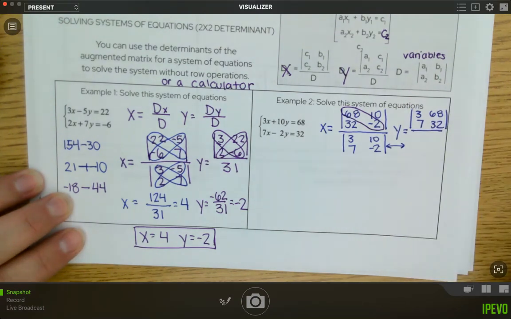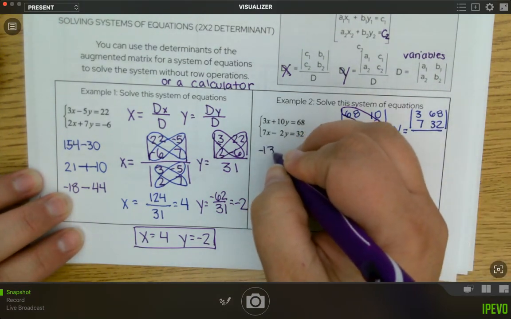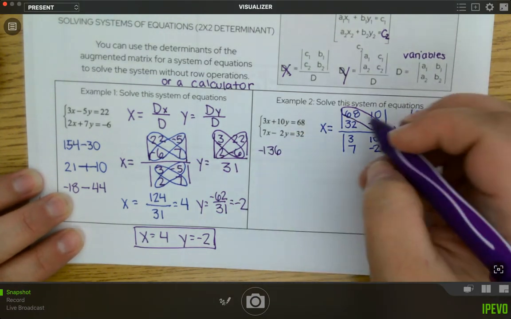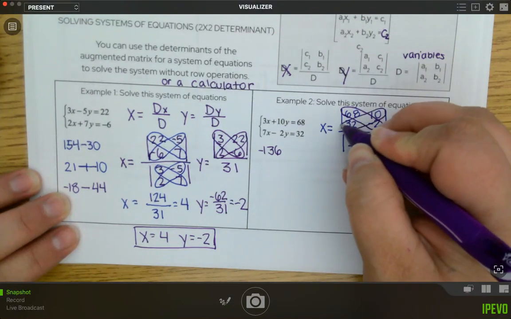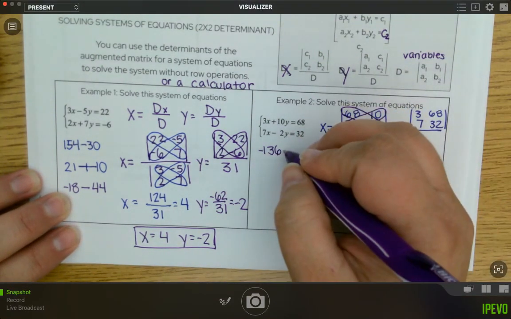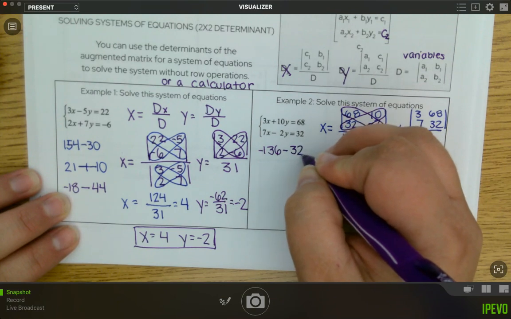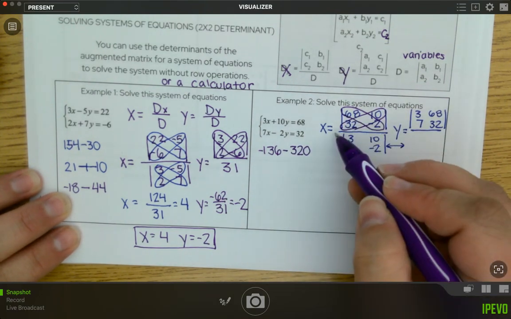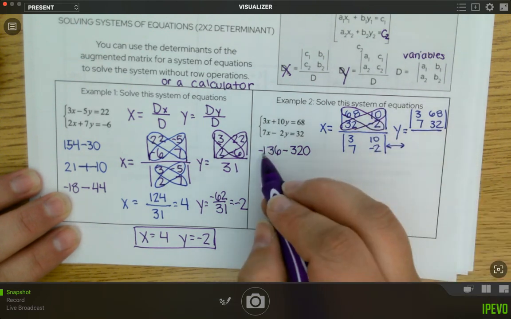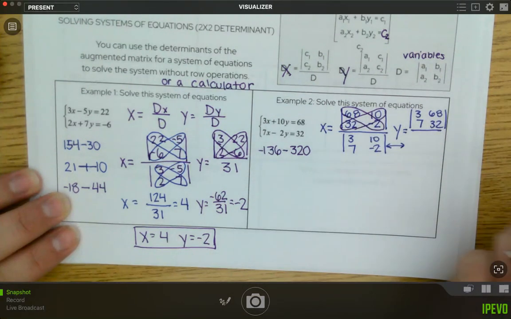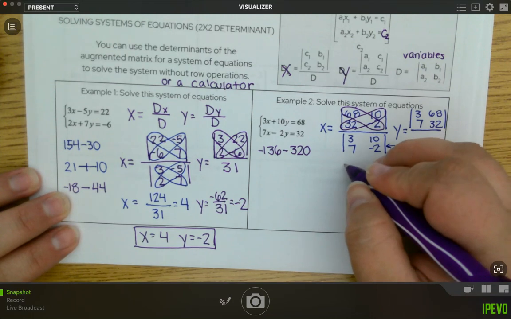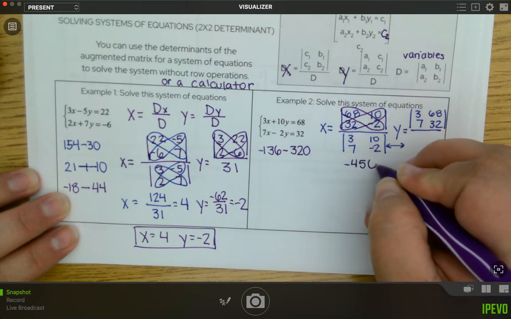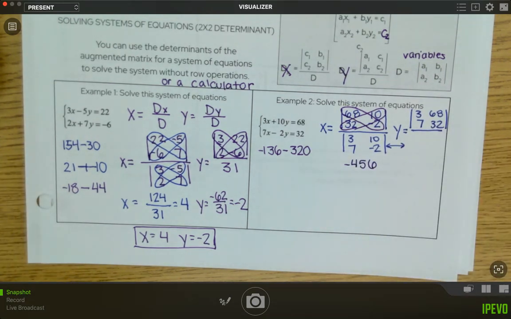68 times -2 is -136. And 32 times 10 is 320. And we are subtracting. So this product minus this product. -136 minus 320 is -456. Whew.